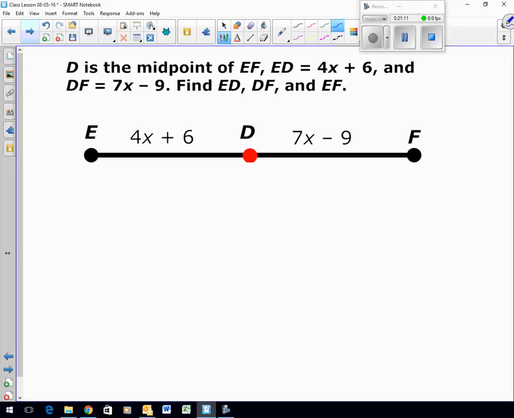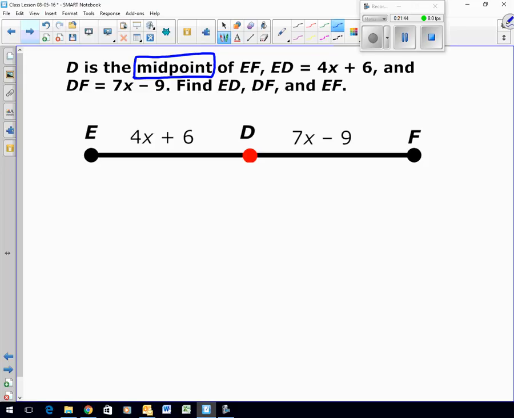Okay? The key definition in there, key word, this whole problem, you got to know what a midpoint is. A midpoint serves as a bisector, right? It bisects a segment into two congruent, meaning what?